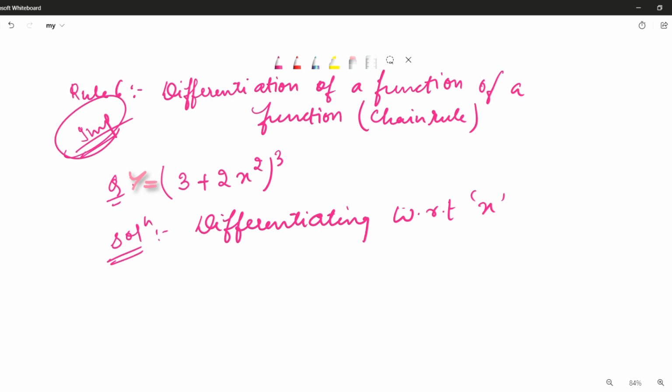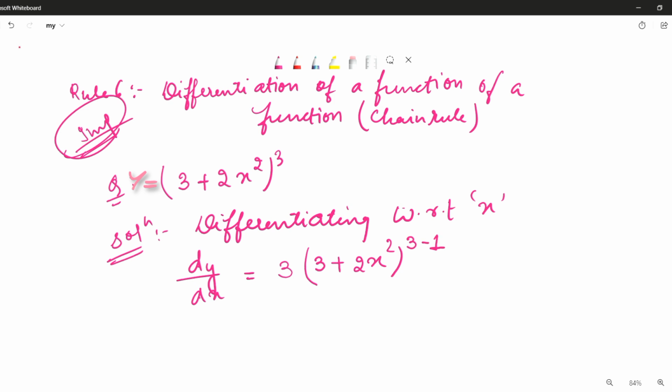Let's see, differentiating with respect to x, dy by dx equals, first we will write down the power, that is 3, and then we'll take constant the value which is inside the bracket, that is 3 plus 2x square, this will be constant. So 3 plus 2x to the power square, then n minus 1, that is 3 minus 1.